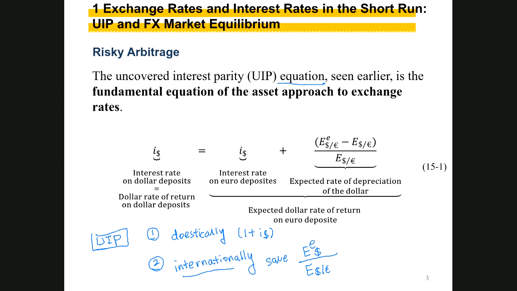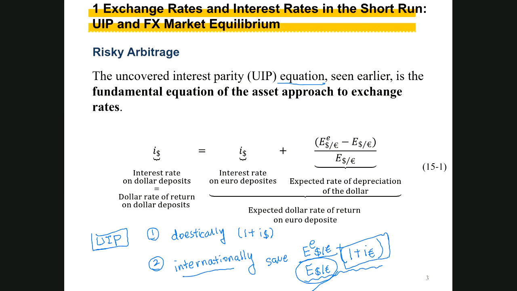So this is the return for you, for the U.S. citizen, if you try to save the money in Germany, right? You need to convert your currency first. You need to sell your U.S. dollars for euros, and then you put them into the European bank, right?